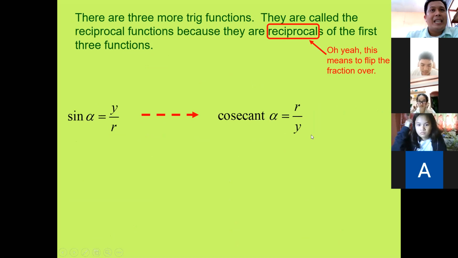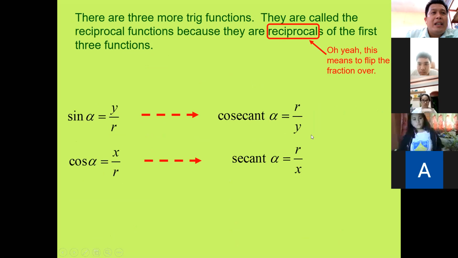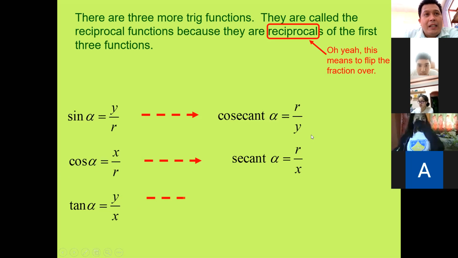For cosecant, it is just r over y, the reciprocal of sine. For cosine, it's x over r, and the reciprocal of that is secant, so that is r over x. And for tangent, the reciprocal gives you the formula for cotangent.